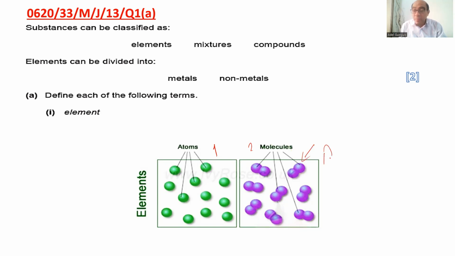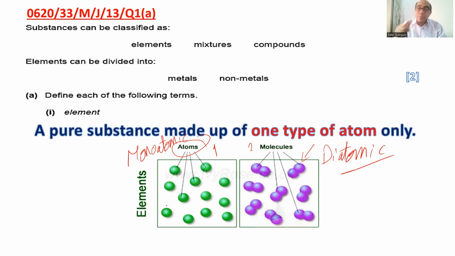This is called a diatomic molecule. Both represent elements. What is meant by an element? Element: a pure substance made up of one type of atom only.